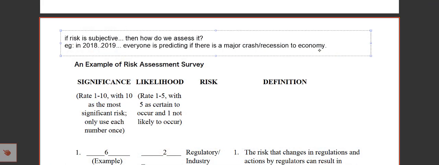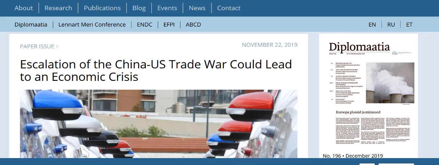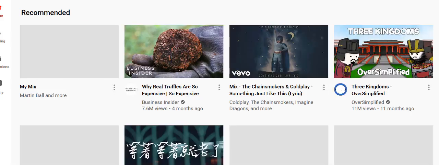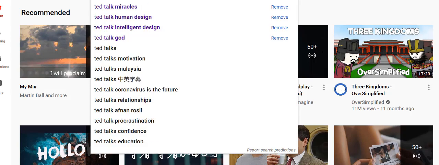Nobody has predicted that the economy crash is caused by something called a virus. Okay? Except Bill Gates. If you look at it, Bill Gates is the guy who actually predicted that this virus could be a problem, because he actually gave a TED Talk.